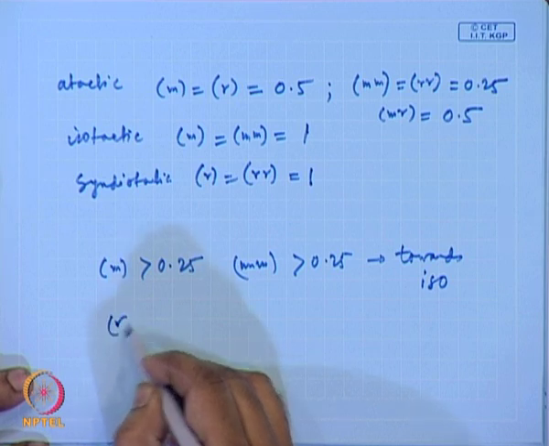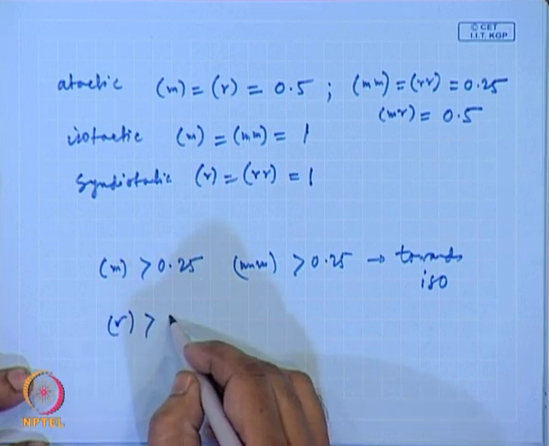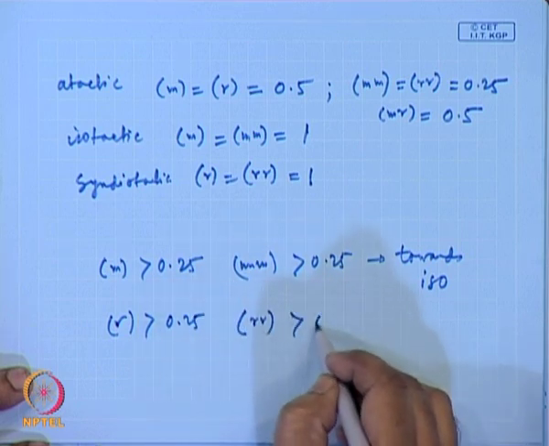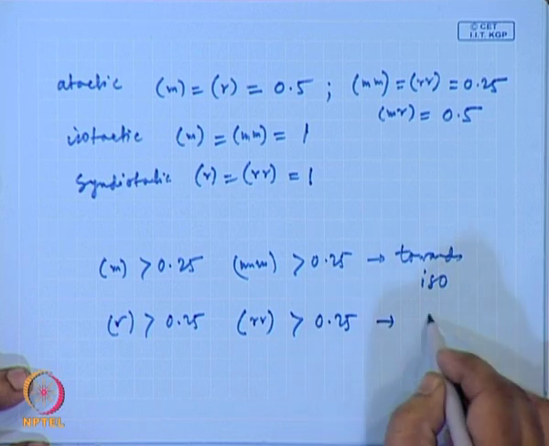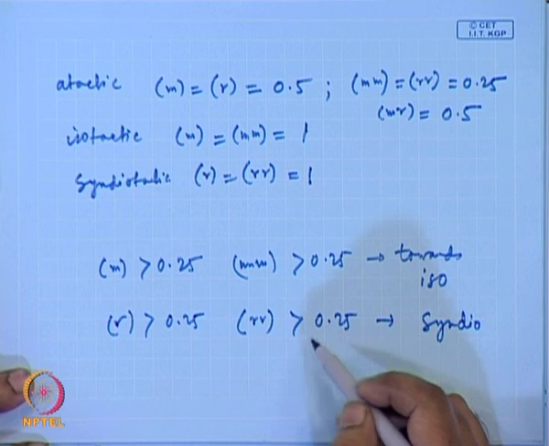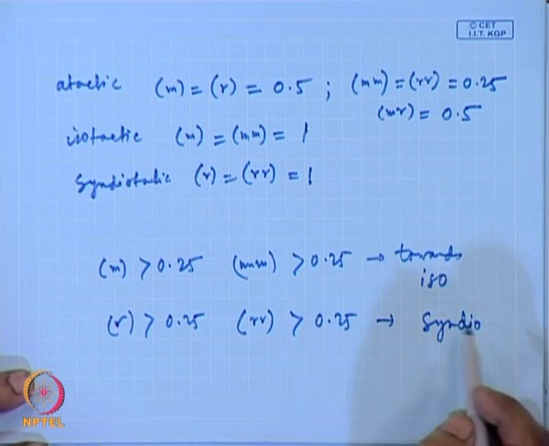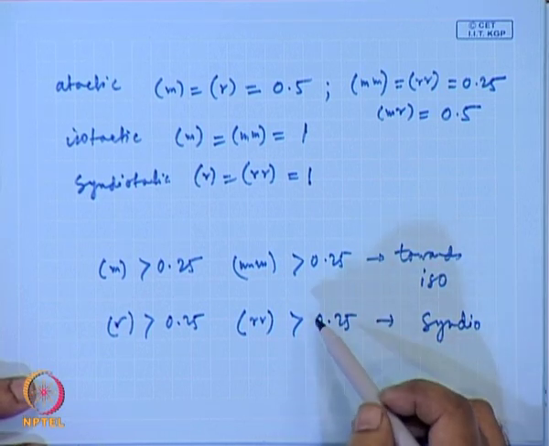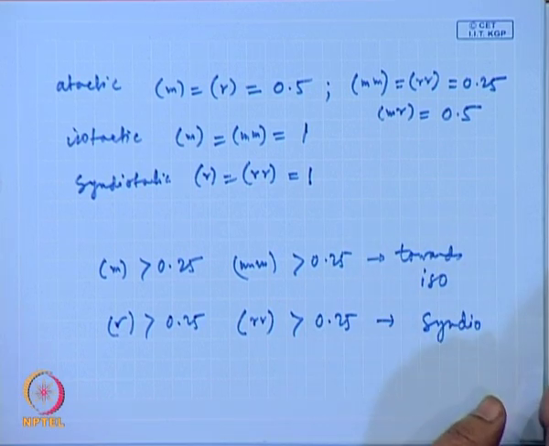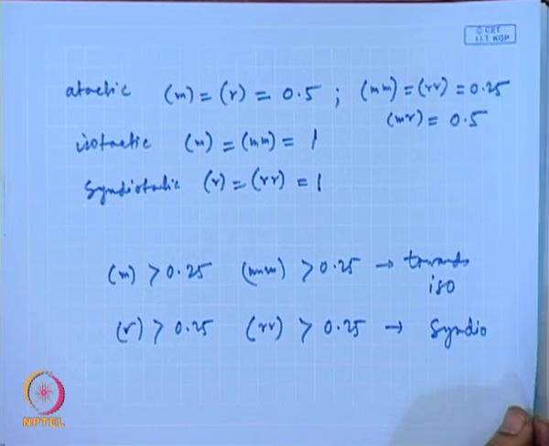If R is greater than 0.5 and RR greater than 1/4, then it is towards syndiotactic, that you can conceive yourself. And if there is a mixture, then it is a heterotactic polymerization.